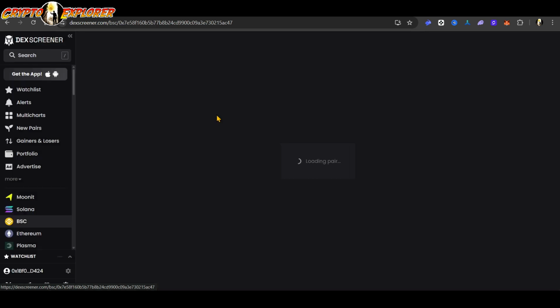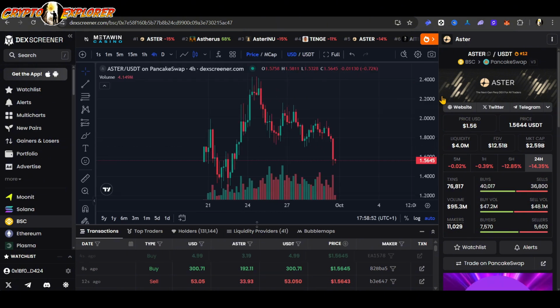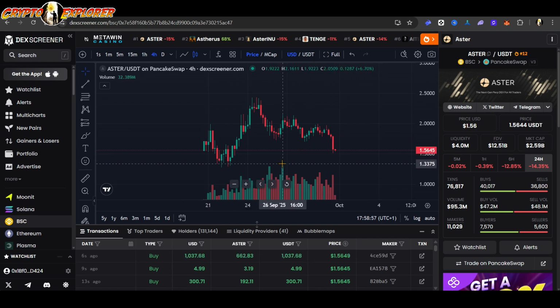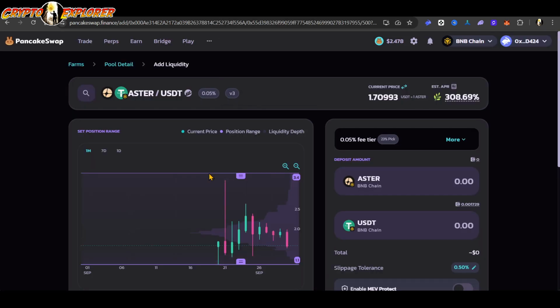So this allows me to check out everything about this pool, but on DEX Screener, which is a much better way to just get a reading of the whole chart than compared with the interface on PancakeSwap, at least in my personal opinion. Like I said, although this one gets the job done, it's not as good, but you can also still use here different metrics for what's showing on screen.